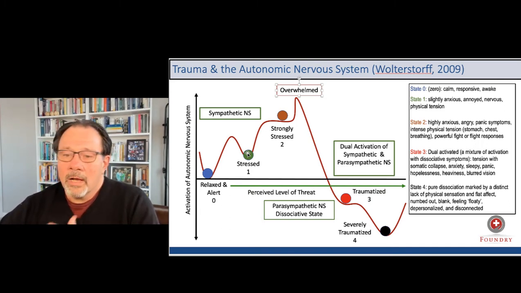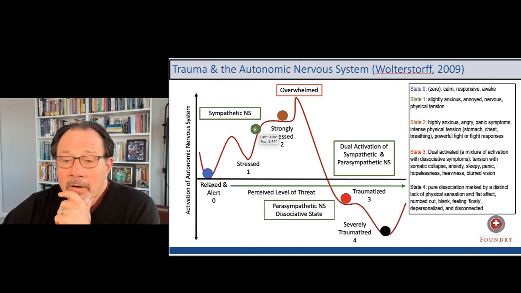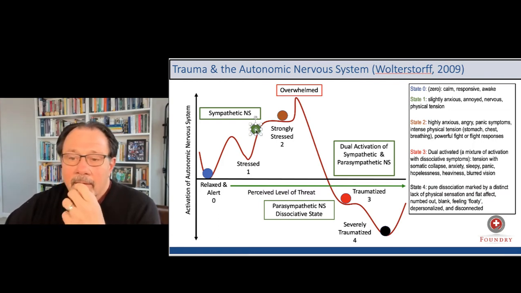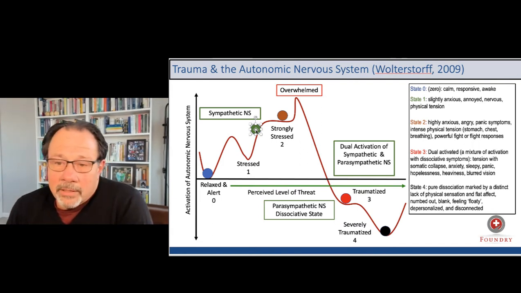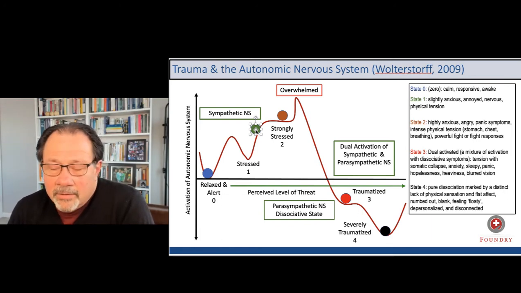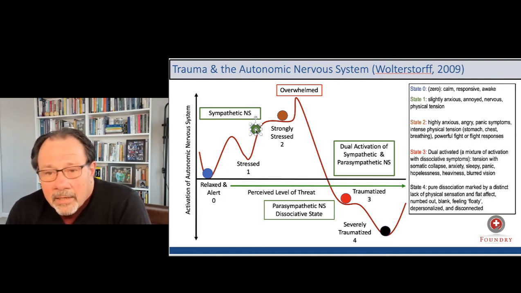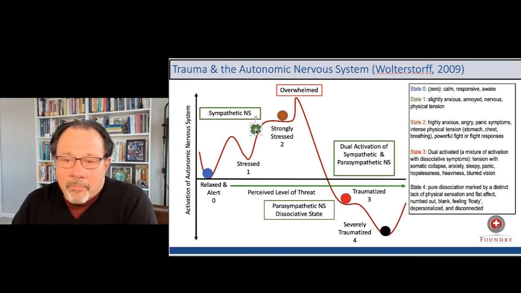And so we know that as the marble rolls up the hill in terms of increased threat, when it gets to about here, a little over 1.5, the activation of the sympathetic nervous system is so significant that the blood begins to leave the prefrontal cortex, this part of our brain, to be used in other areas of our body for the fight-flight response. And what that creates is memory problems. It creates higher anxiety. It creates the inability to access important information.